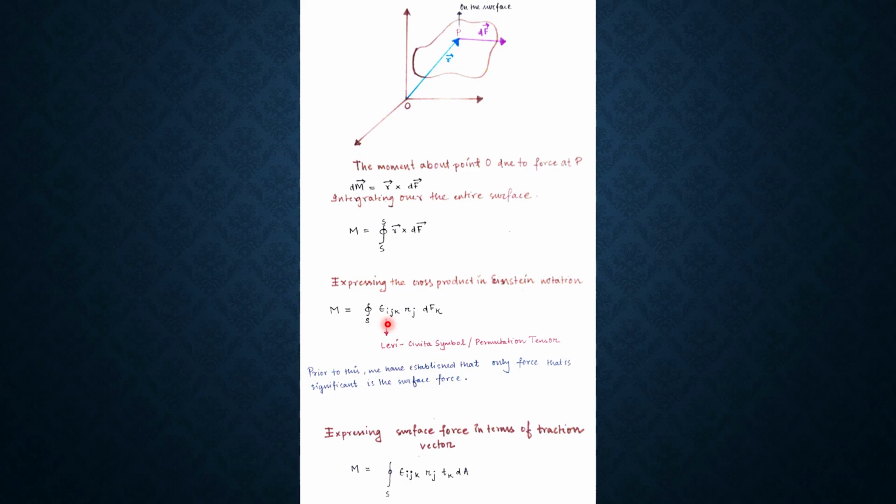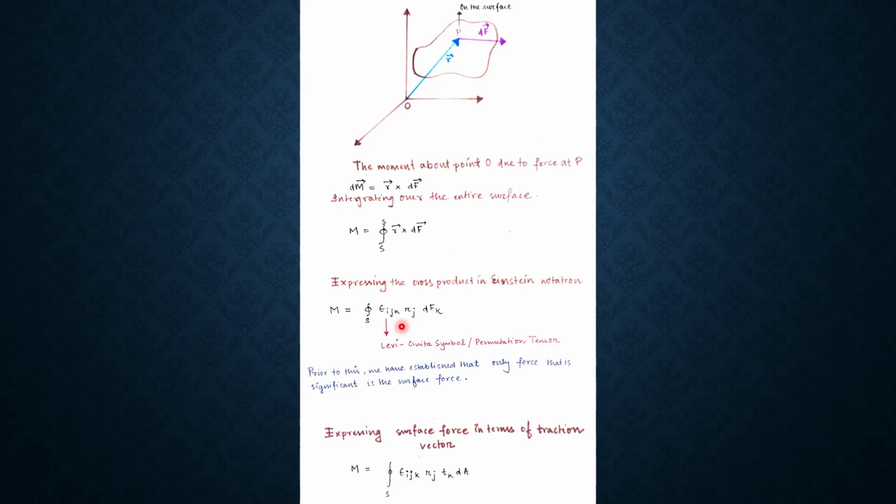How it works is, if ijk are cyclic, that is i would be 1, j would be 2, and k would be 3, or otherwise i would be 2, j would be 3, and k equal to 1, and similarly the third case also of 3, 1 and 2, then epsilon ijk would be 1.